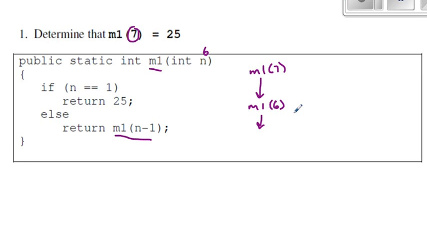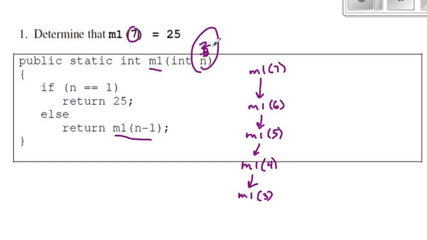And this time my n is 6, so I call on it with m1 5. And then I keep doing this because now my input here is a 5, so n is 5. It's not 1, so I call on the method again. m1 is 4. And then I call on it again. m1 is 3 this time. N is still not 1, so I call on it again.